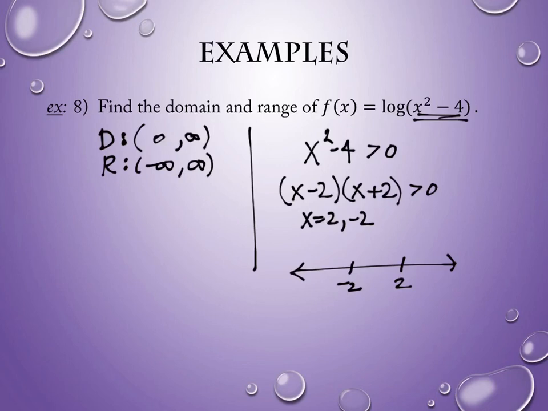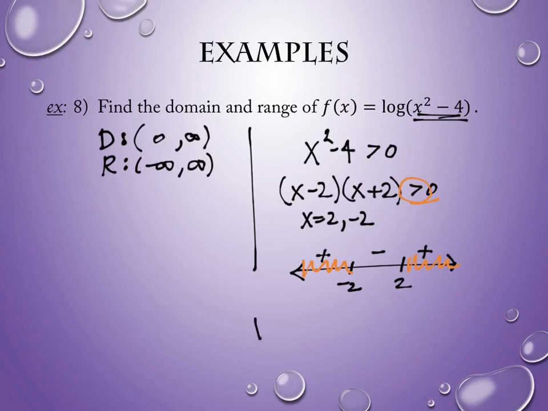If we test these points, you're actually going to get that this one is positive and then negative and then positive. And what part of this is it that we really need? Do we need the positive part or the negative part? Positive part, because it says greater than, right? So this piece and this piece are part of my solutions.